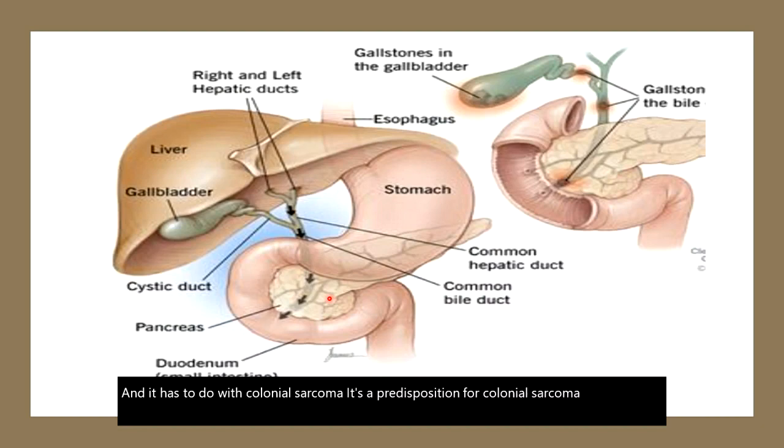So if we have a stone here in the gallbladder, it could get stuck inside the gallbladder and it will produce problems in the emptying of the gallbladder content. The same will occur if we have an obstruction of the cystic duct. We can have an obstruction of the common bile duct, and we can also have an obstruction very close to the union of the pancreatic duct and the common bile duct entering under the sphincter of Oddi.